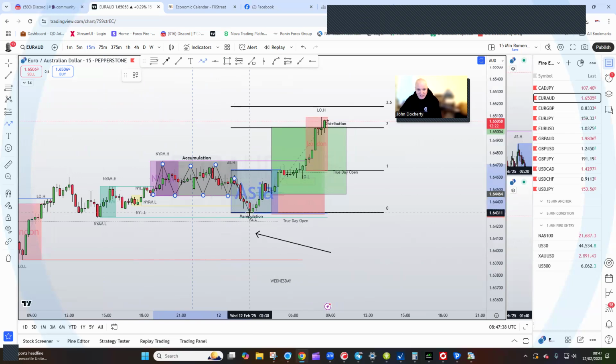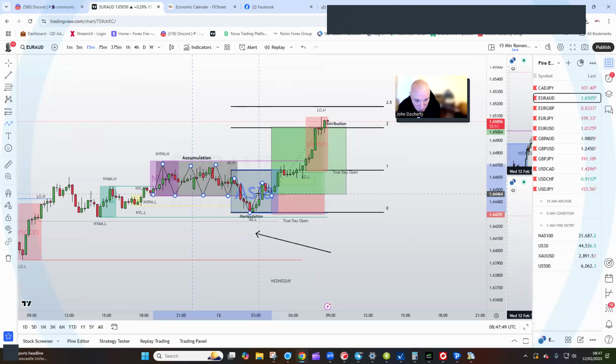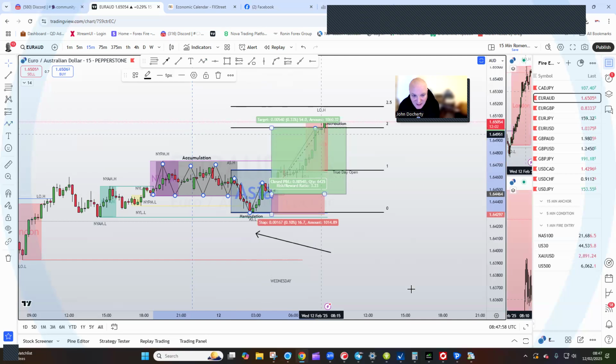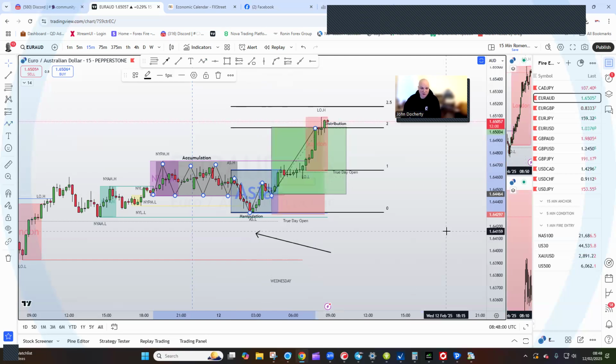We manipulated out of price, out of the zone. We come back up, we structure out of this here. We left the fair value gap behind. We tap into it, and then we identify when we do that as a entry model. You then have your distribution phase. Look at that, guys. Absolutely fantastic to the T.